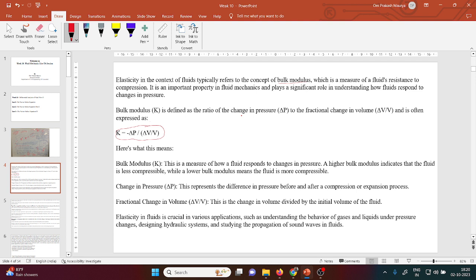It means, for a unit change in volume, how much pressure is required for changing the unit volume. Don't correlate this with the elasticity of solids. In the case of fluid, we talk about the bulk modulus of elasticity.